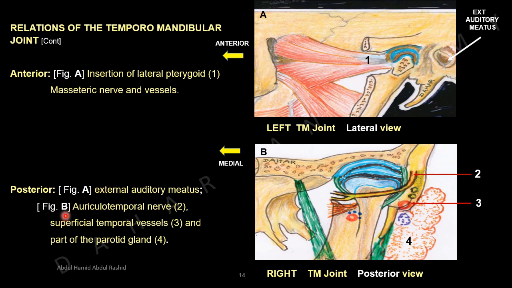And in figure B, this is the auriculotemporal nerve coming from the mandibular division of the trigeminal nerve. You will see the superficial temporal vessels here, and part of the parotid gland will be behind this joint.